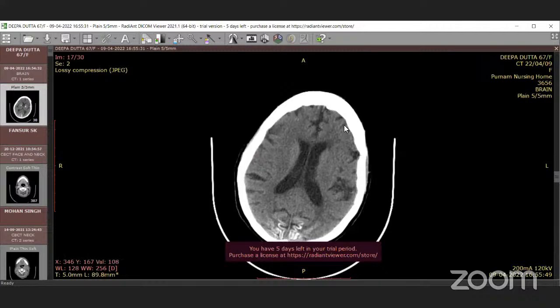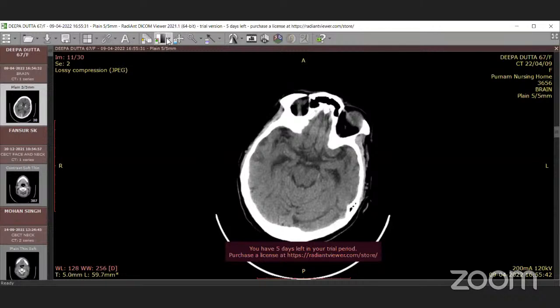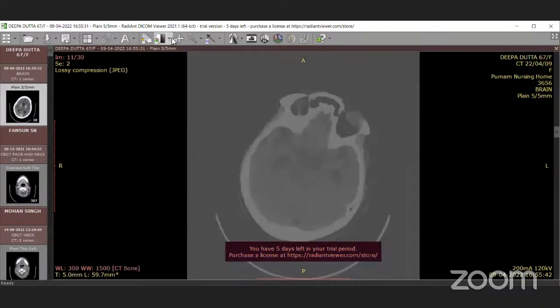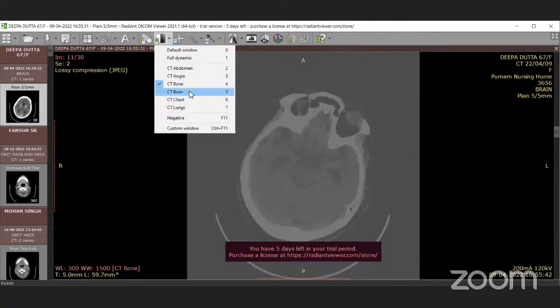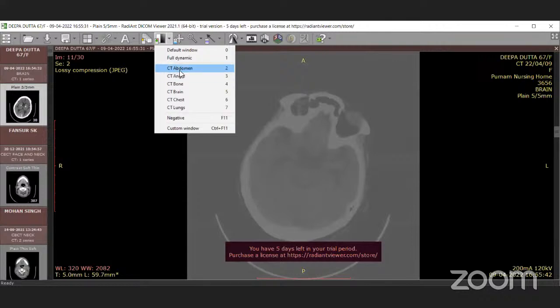Okay, fine. Next we move to the greater wing of sphenoid and the petrous part of the temporal bone. We will change the window. I think we discussed this window setting last time. The manual window is not working.